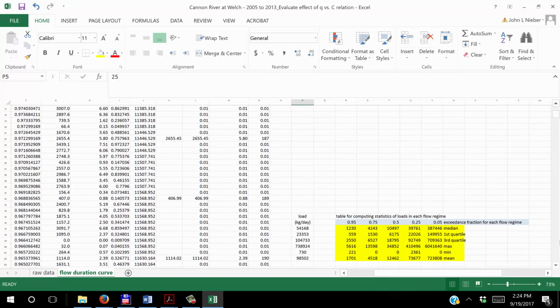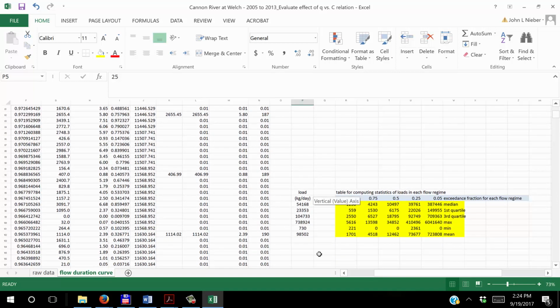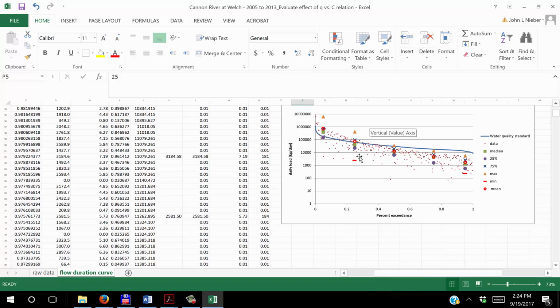One other thing in this spreadsheet, this table down here is used to calculate these different parameters. The median, first quartile, third quartile. The first quartile would be 25 percentile. Third quartile would be 75%, maximum, minimum, and mean values. And so that's just set up to do that kind of a calculation, so that those can then be pretty readily plotted.